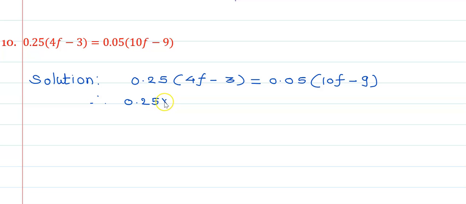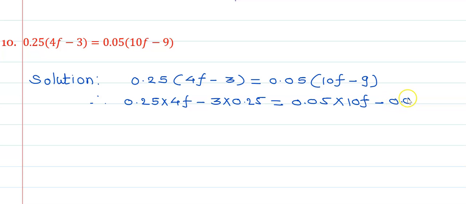0.25 into 4f, minus 3 into 0.25, 0.05 into 10f, minus 0.05 into 9. Now the multiplication: 0.25 into 4 is 1.